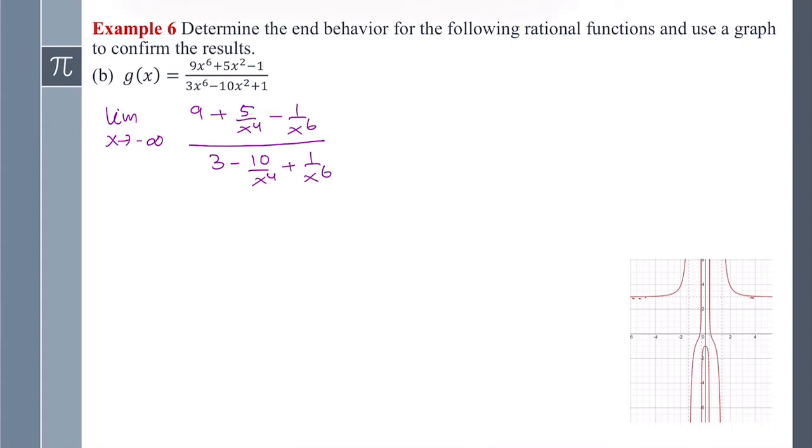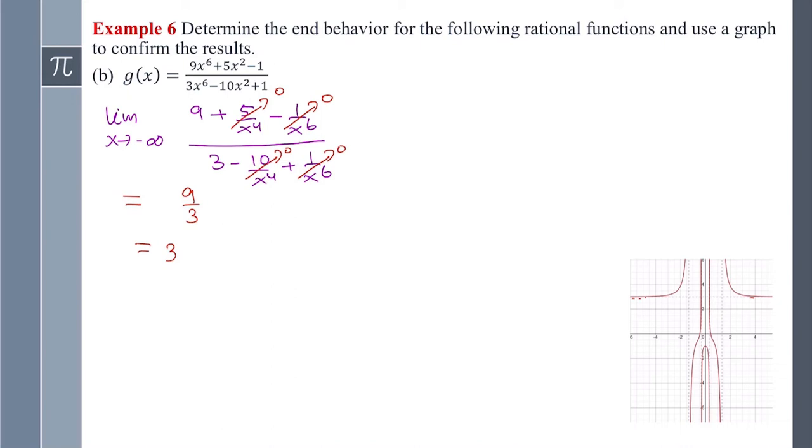Now as x approaches infinity, each of these fractions approaches 0 because we are dividing a finite number by an arbitrarily large number. So the only thing that we have here is 9 over 3, and that gives us 3.